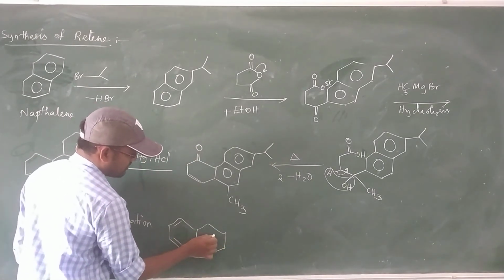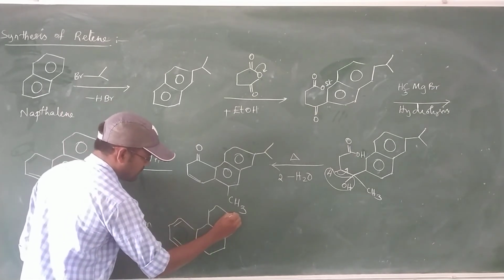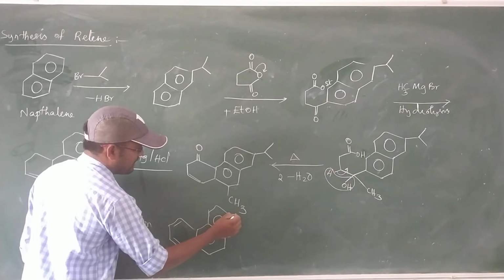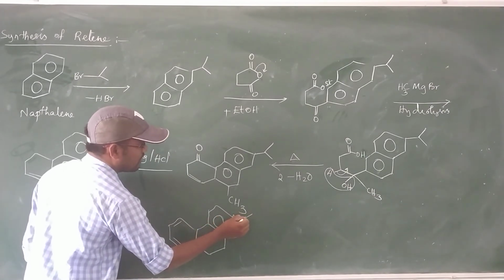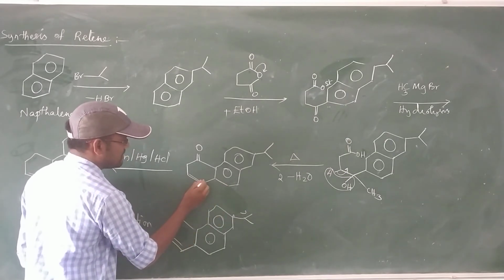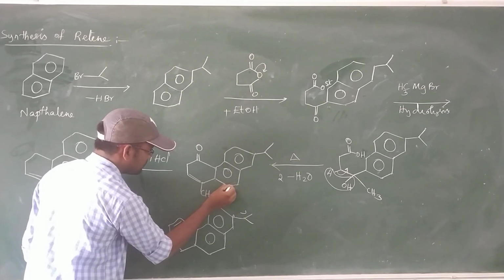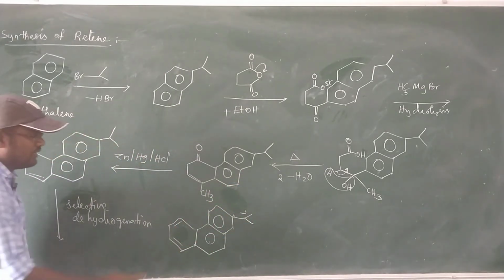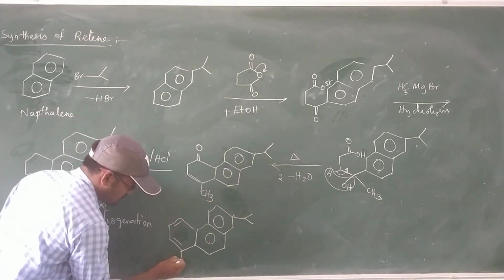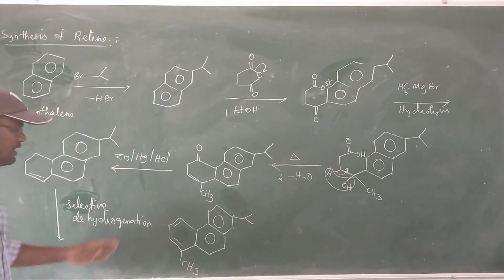This is the second ring, and this is the final ring. Here CH3 is bound. Finally, CH3 looks like this. This is retene.